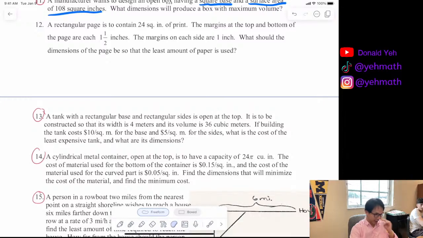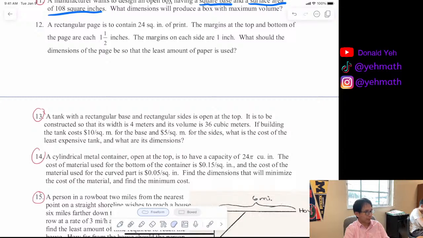So the way you draw it is, let's read this question together. They say a tank with a rectangular base and rectangular sides, open at the top, is to be constructed so the width is 4 meters and the volume is 36. The cost of building the tank is $10 per square meter for the base and $5 for the sides.